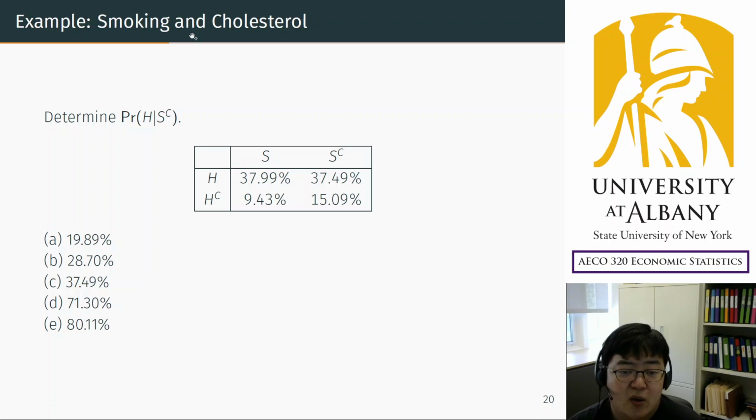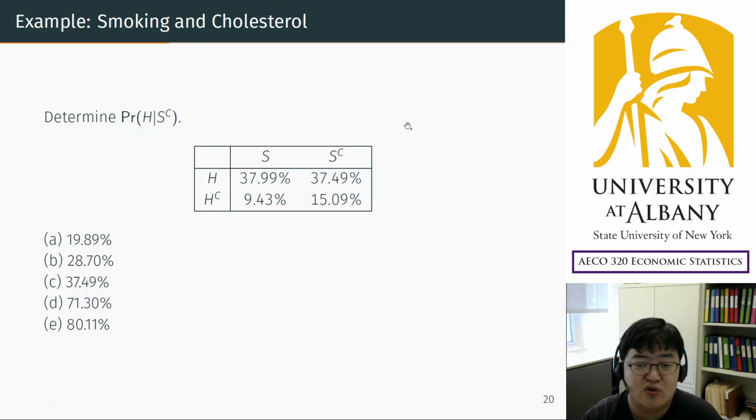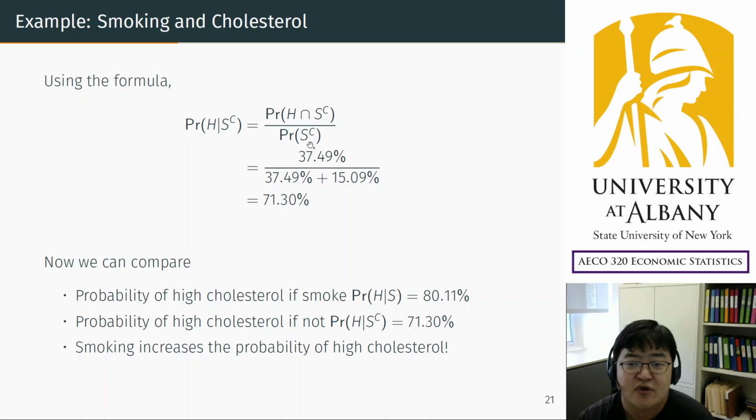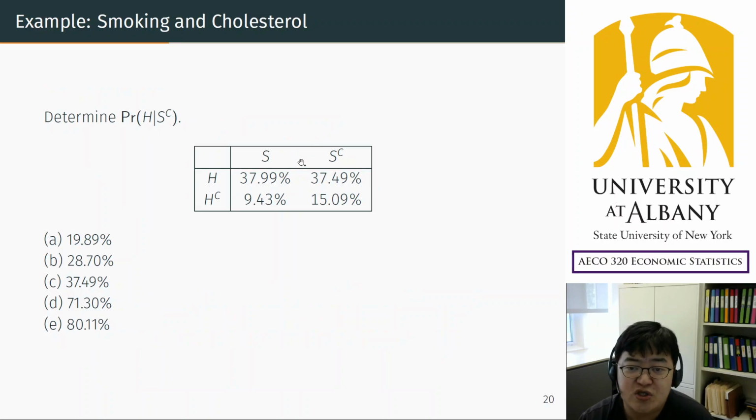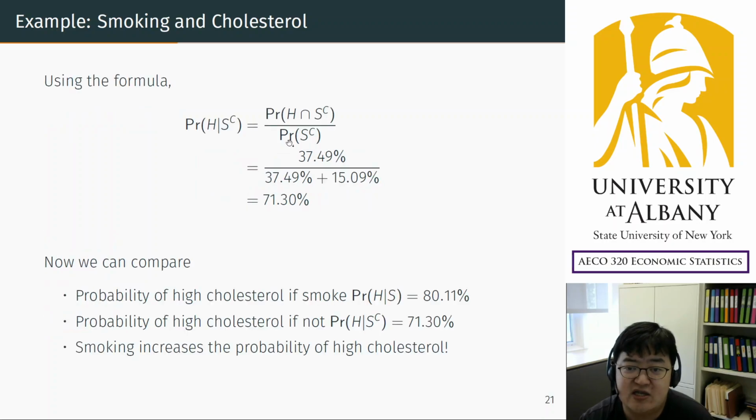Okay, so I'll assume you have chosen an answer. So to calculate that, have a look. The denominator, if you use the formula, is S^C, the complement probability, which is these probabilities, the sum of these two, right? That's the denominator.